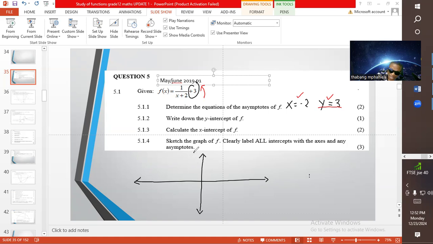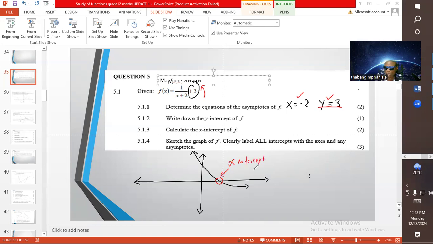Let me just say something like this. I'm not saying it's the true picture of that function. So now you see that when the graph cuts the x-axis, this is called the x-intercept, the x-cut of the graph.